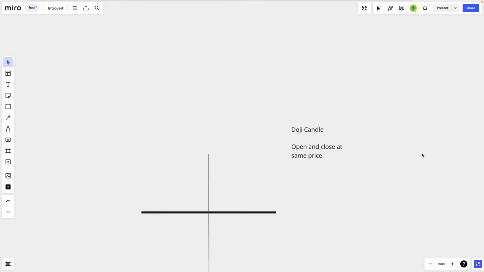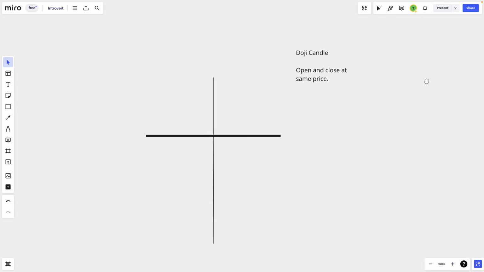Now, the other type of candlestick that we have here is called a Doji candle. And what this means is that the open and the close price are basically the same. So for this particular one, we've got the open here. So the stock opened at this particular price. And at the end of the trading session, we've got a close that's basically the same or very similar.